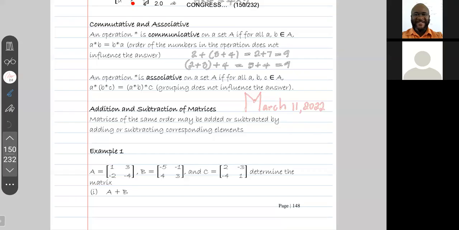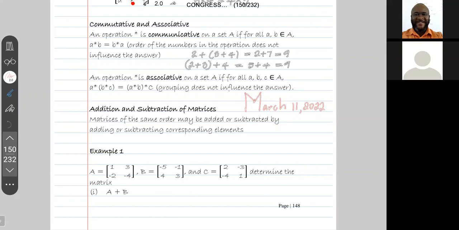All right, so addition and subtraction of matrices. Matrices of the same order may be added or subtracted by adding or subtracting corresponding elements. So the first thing here is that you can only add matrices if they're of the same order.